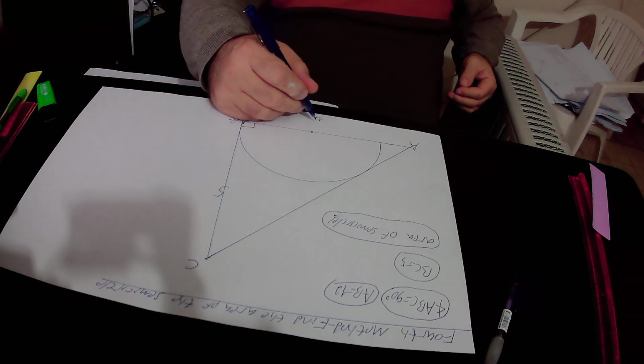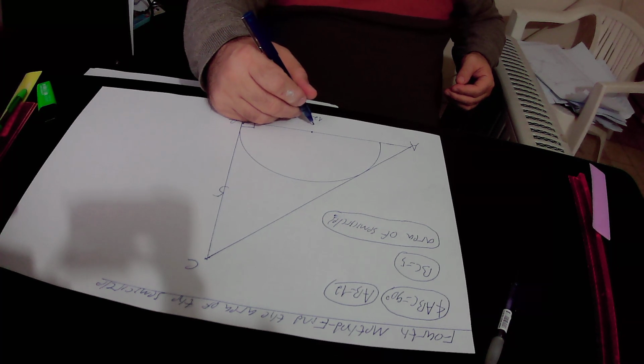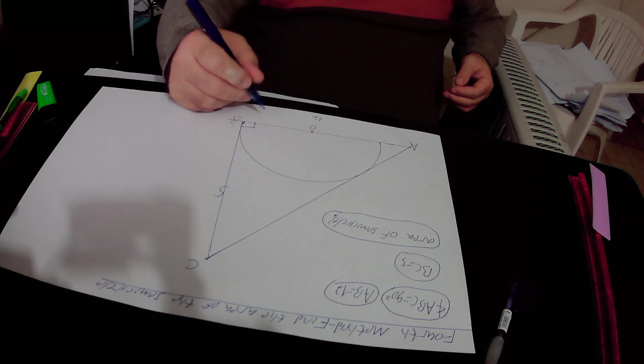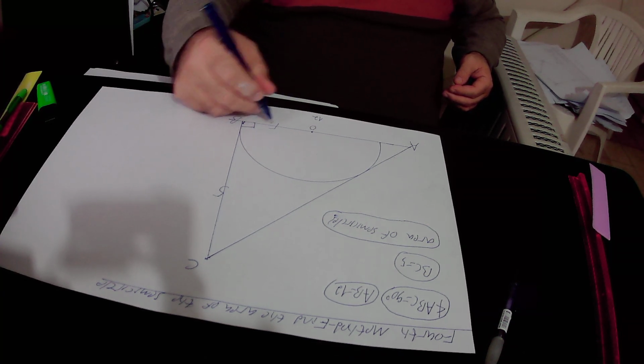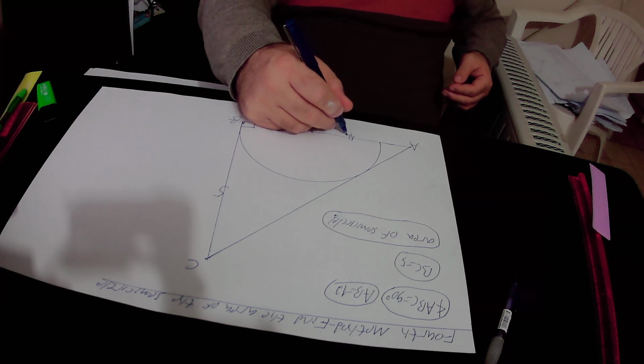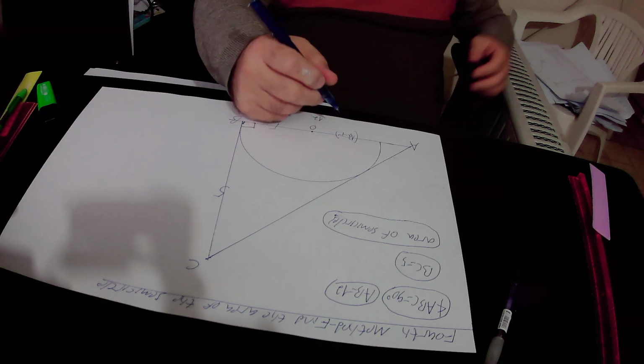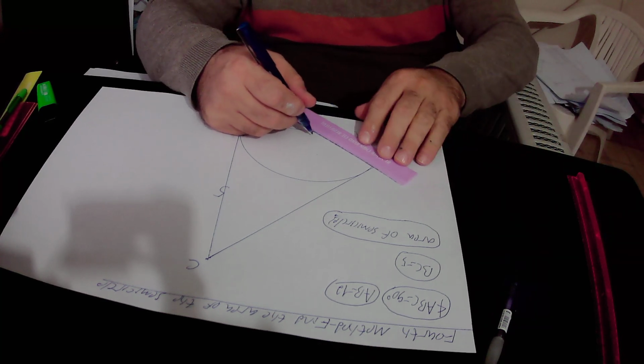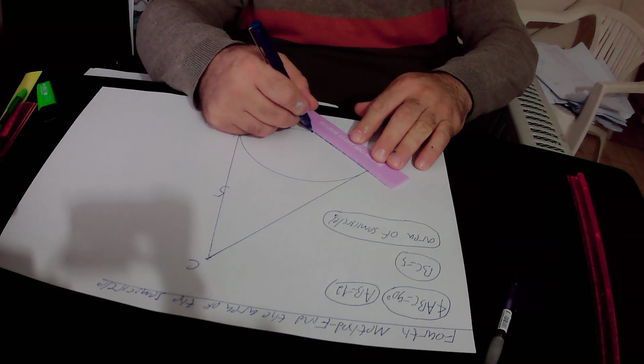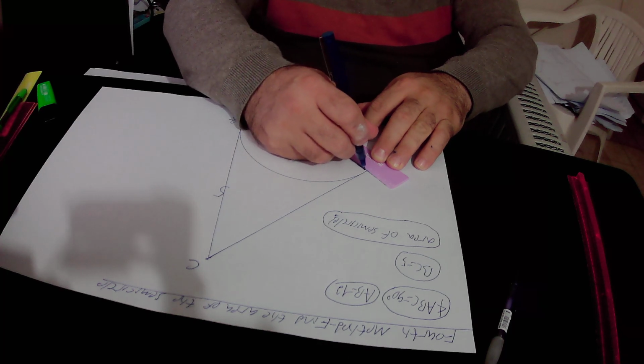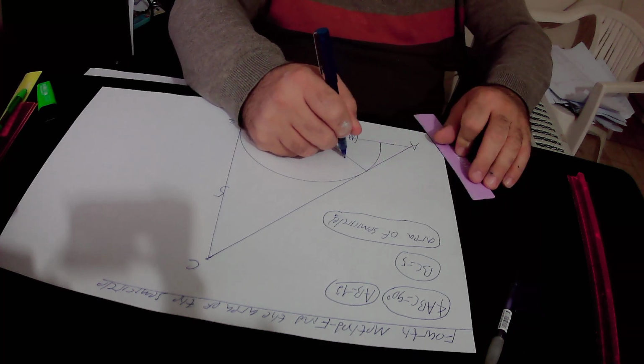We know that the center of the semicircle is O. OB equals R. AO equals 12 minus R. We already did it in the previous methods. Here OD also equals R, the radius of the semicircle.